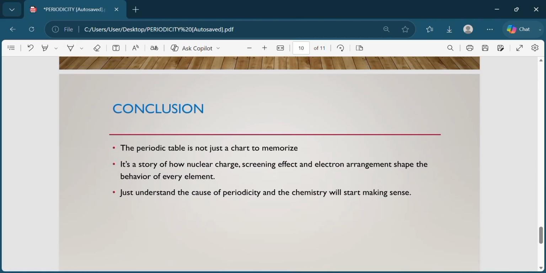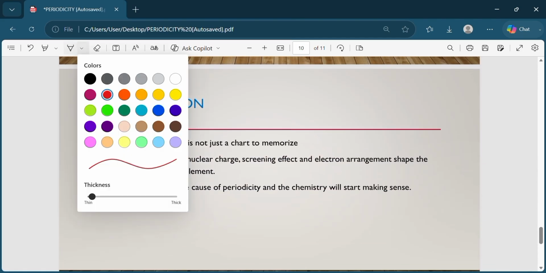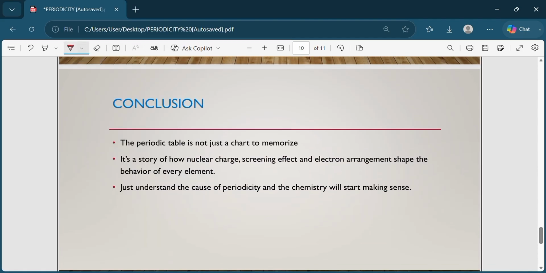Then, as I conclude, you now see that the periodic table itself is not just a chart that you're going to memorize. It is the chemistry behind that chart. It is a story of how nuclear charge, screening effect, and electron arrangement shape the behavior of every element.